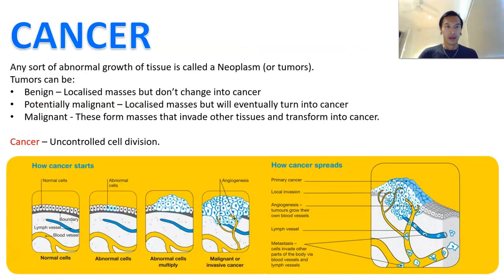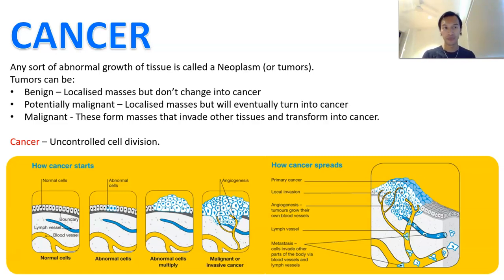Okay? Now, on the note of cell division, we also want to take a bit of a look at cancer. Okay? Any sort of abnormal growth in tissues in the body are called neoplasms or tumors, right? We're familiar with the term tumors. Well, turns out tumors are not necessarily cancers yet, right? Tumors fall under three categories.